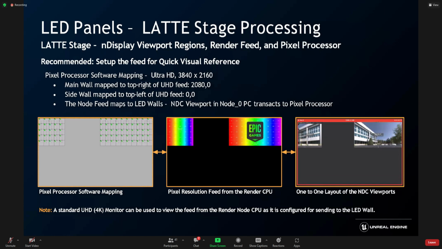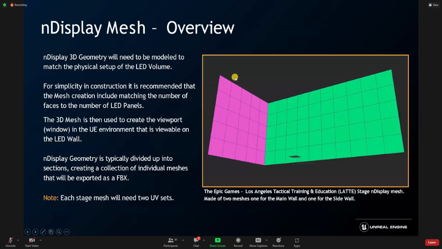But with multiple screens, you usually need more space. And so this is one screen, this is another screen, and this is kind of like your work area. So to get this to work, you need to have meshes that represent your walls available in Unreal Engine so that they can be added to the NDC and be in the right configuration so that, for example, these two walls touch each other at the seam.